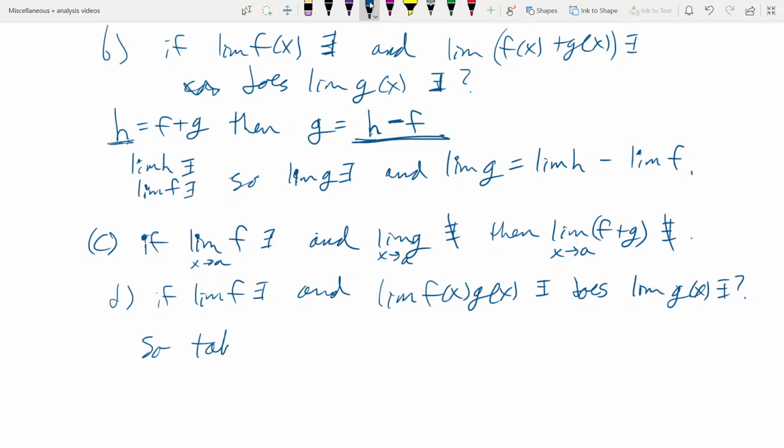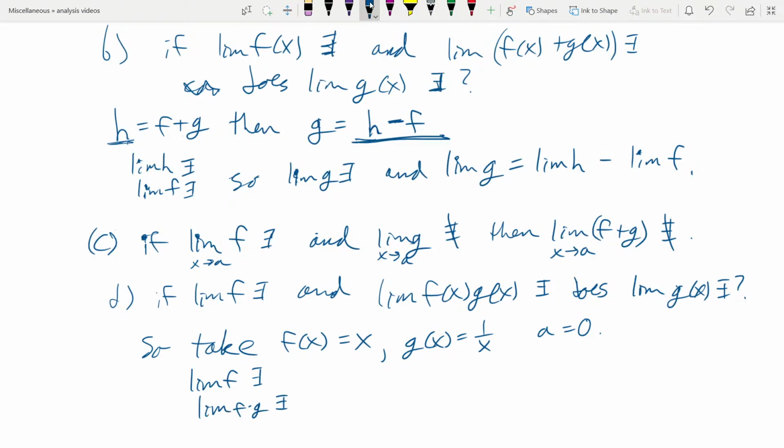Okay, so let me just erase this. We're going to take f of x equals x, and let's say g of x equals 1 over x, and a equals 0. Then the limit of f exists, that's just 0. The limit of f times g exists because f times g is just equal to 1.